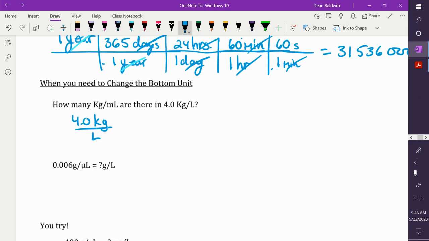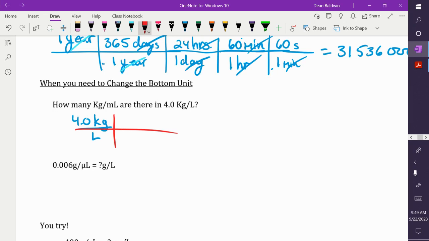So now you just have to do a little bit of thinking. If liters is in the bottom, and I need to cancel liters, in the next box, where does liters have to be? Top or bottom? Top, right? Because they have to be at a diagonal to cancel.